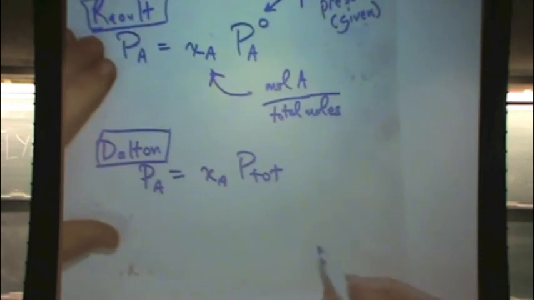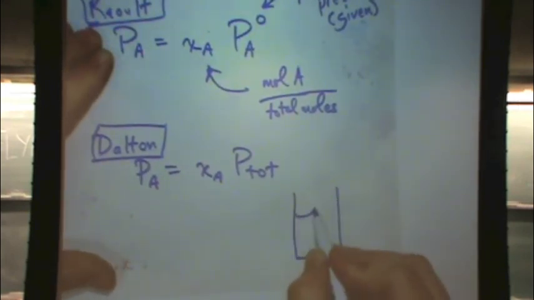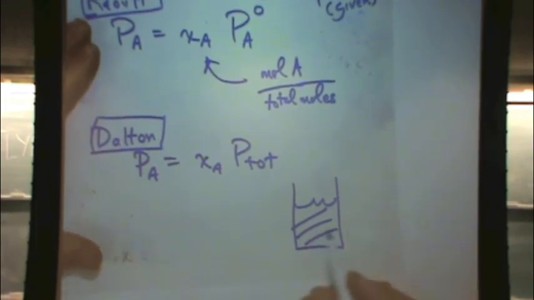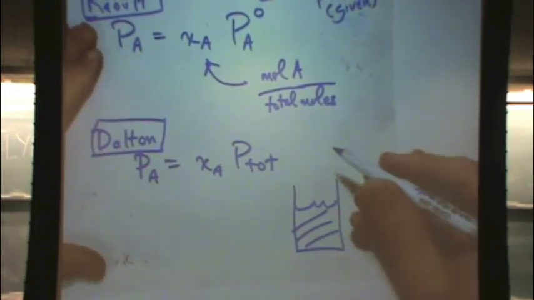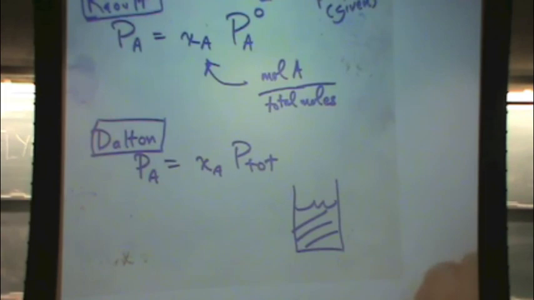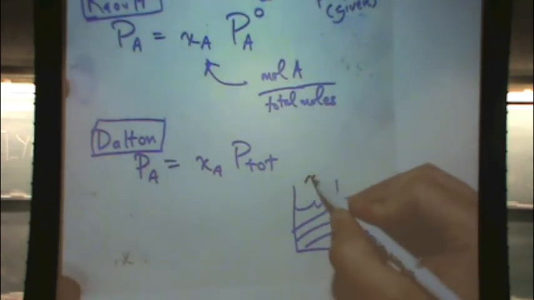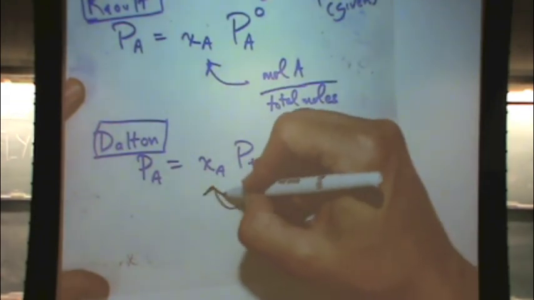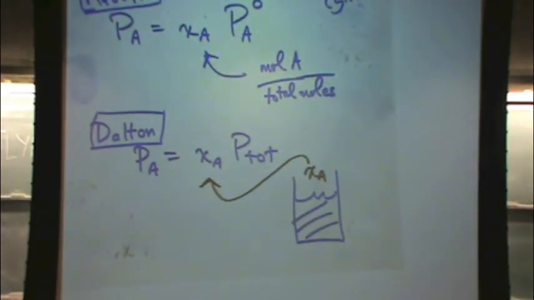So, let's say we have a container. Let's get a different color. The mole fraction of the gas is that mole fraction right there. So XA from Dalton's law that you saw before is the mole fraction of a gas.